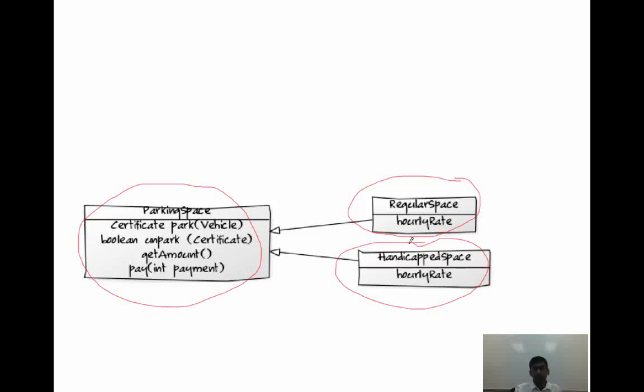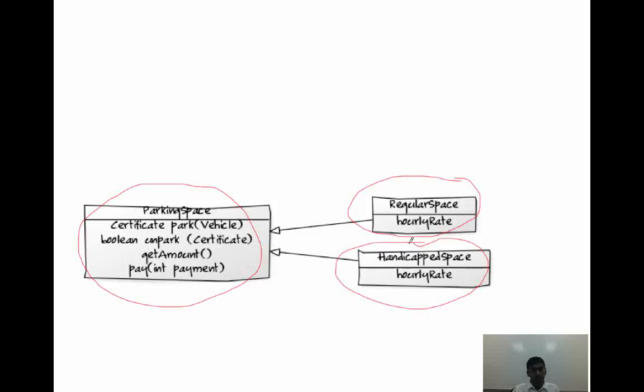I would say no, because an object is a physical, tangible entity that exists in the real world. In the real world, could there actually be a parking space that is neither regular space nor handicapped space, if these are the only two types of parking spaces that we have? No, right? Our parking space should either be a regular one or a handicapped space.